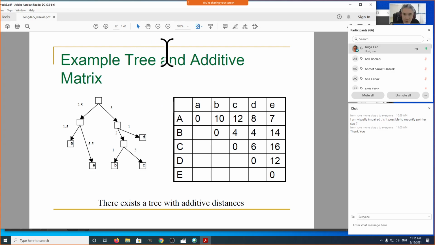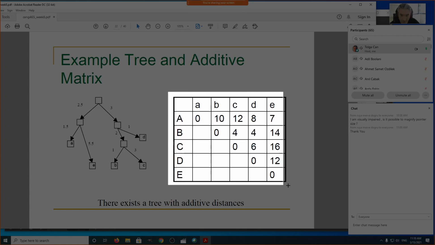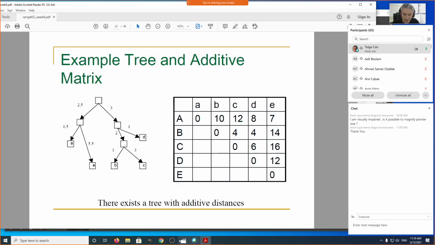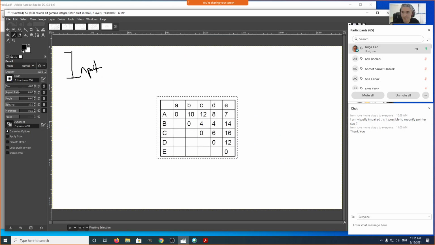Let me just copy this one. I'll take the screenshot. Yes, I remembered it correctly. So let's take this matrix and copy it here.